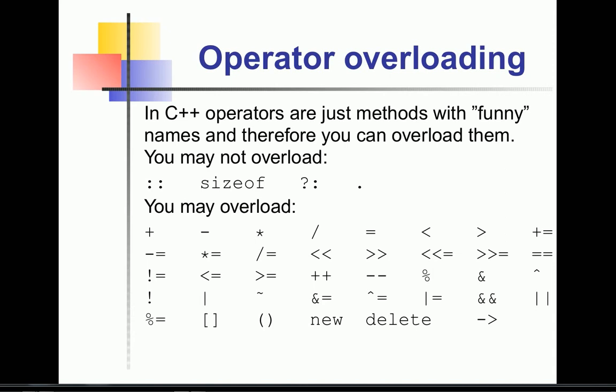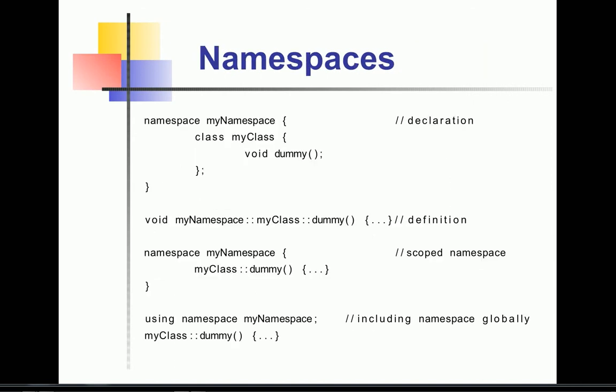You may not overload sizeof or dot, but you may overload lots of things like plus, minus, star, slash, double angle brackets, new, delete, and many other things. Also the array access element operator. And yeah, you can overload them like any other functions.